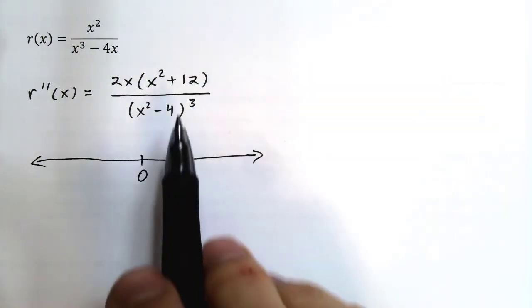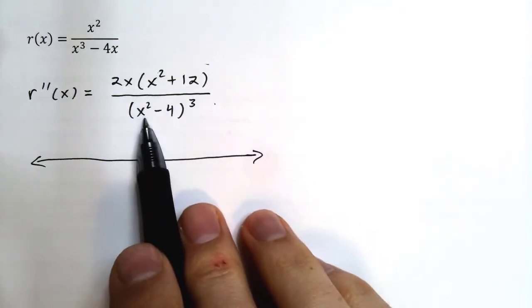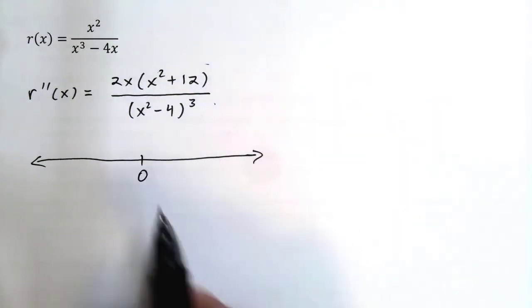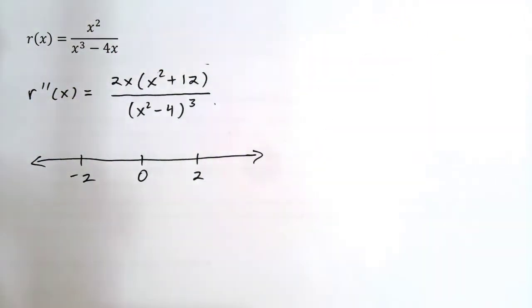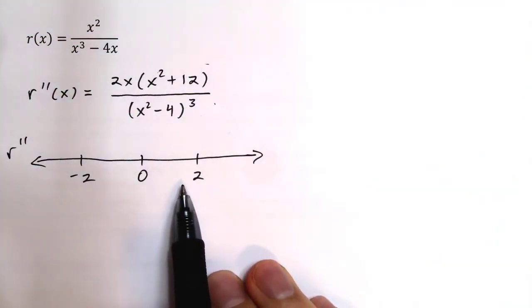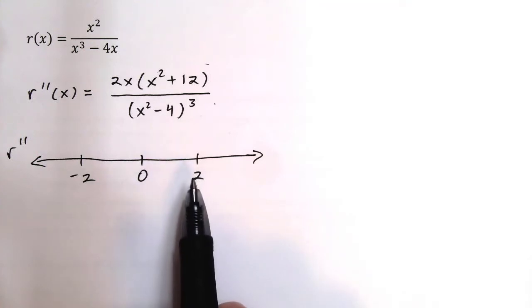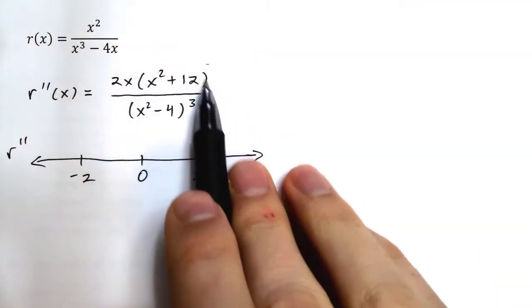What are values of x where this thing is undefined? That's where the denominator is 0. That happens at x equals plus or minus 2. So those are other places where it can change sign. So we're going to look at the sign of r double prime. Where is it positive? Where is it negative? If I'm to the right of 2, if x is greater than 2, this is positive.